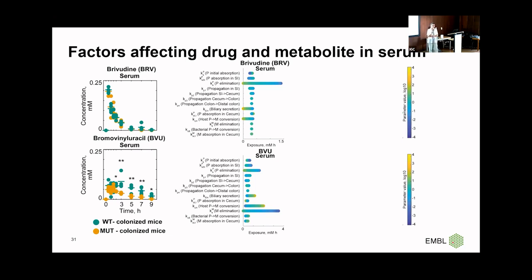But the main difference here was that we had the experimental way to separate host and microbe contribution. So we had host with no microbial contribution and host with microbial contribution.